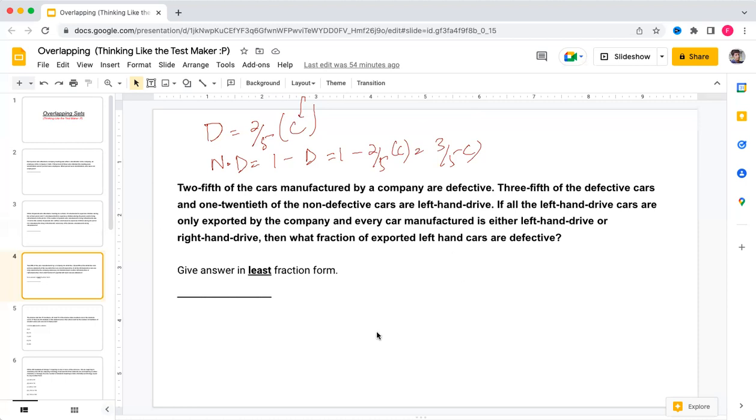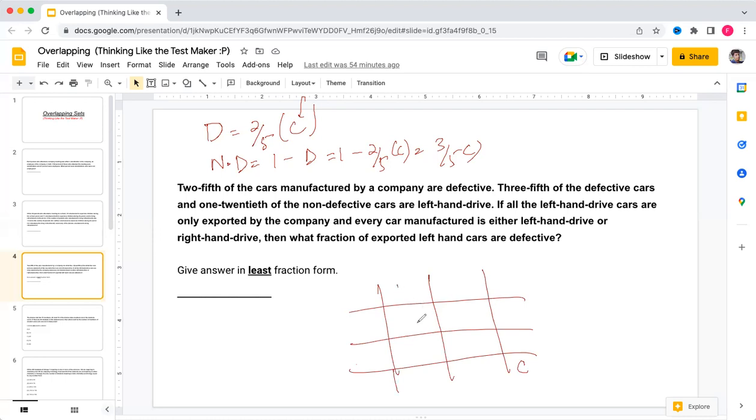This is very difficult to solve using the Venn diagram, but you can solve it very easily using a double matrix. Let's see how. If you draw the double matrix, let's call total C. We draw C cars, and we have two variables.